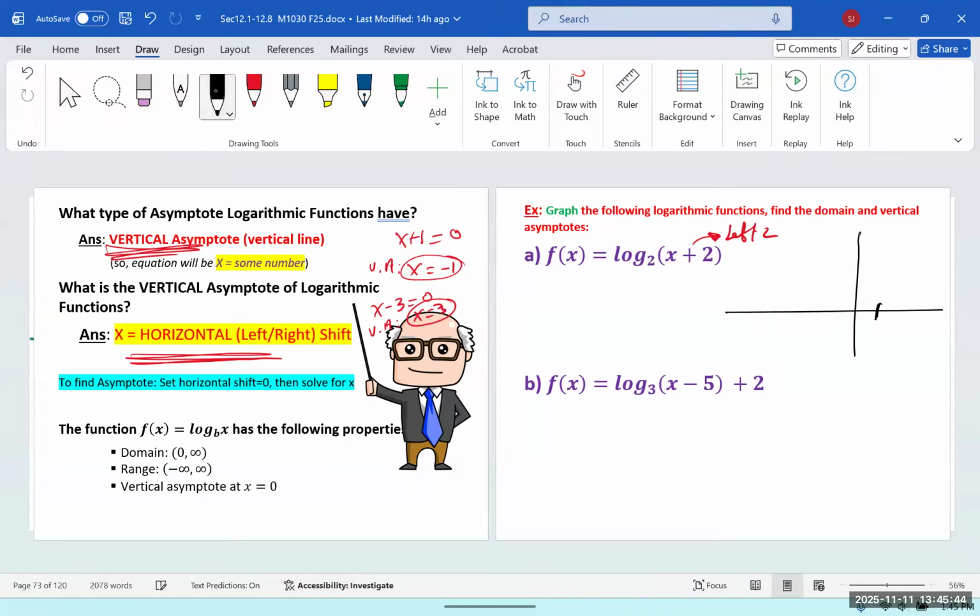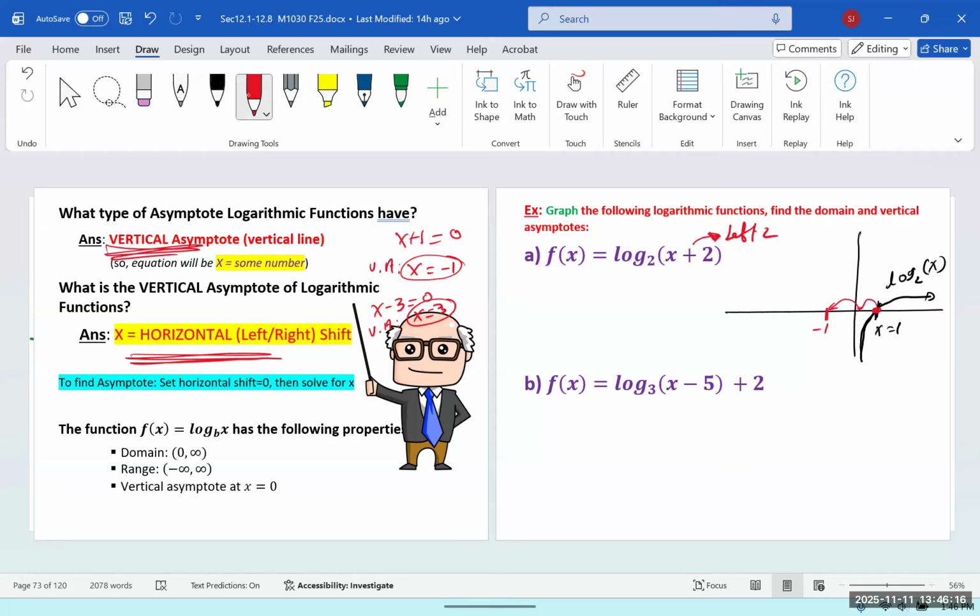The original logarithm is an increasing graph. It goes through the x value 1. This is log base 2 of x without any transformation. Now you take your x-intercept and you go left 2 units. So left 1, left 2, you're landing here at -1.